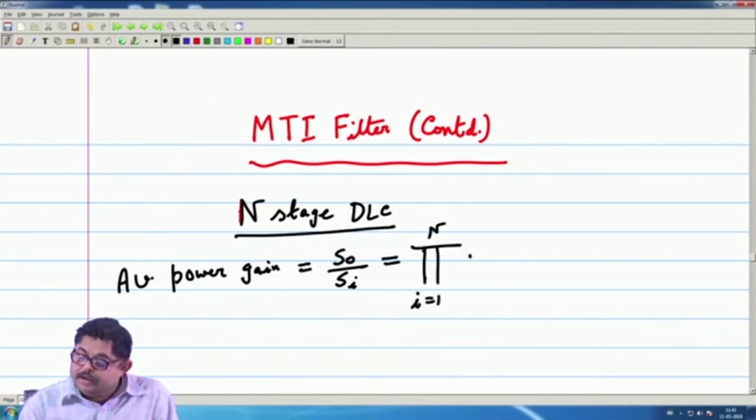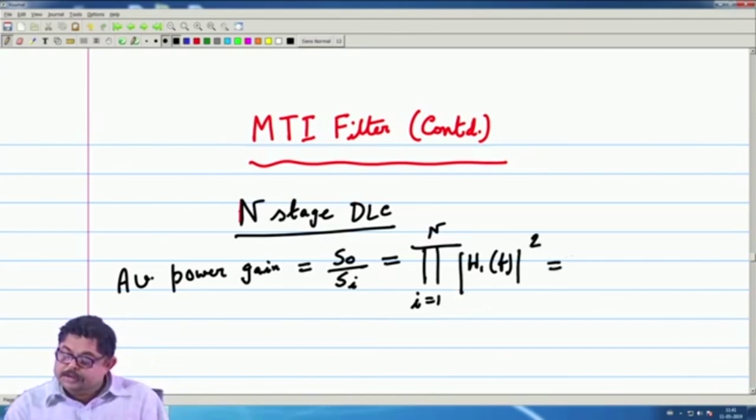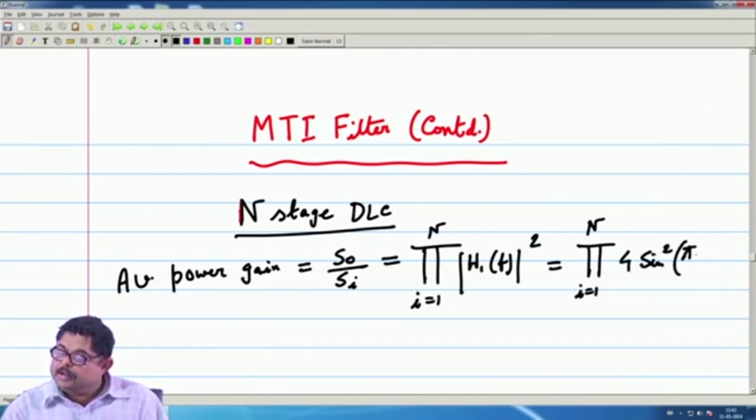So, this is H1(f) whole square. We have seen this is 4 sin square pi f by f r.